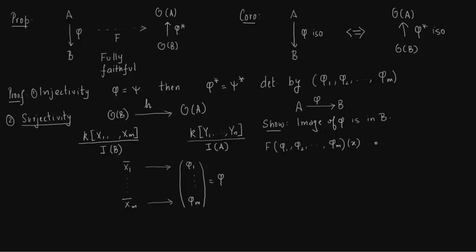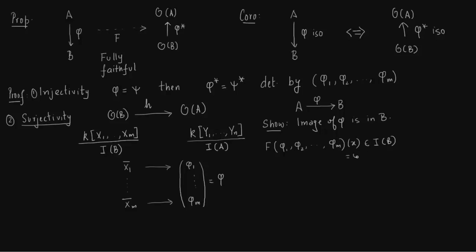So basically we will have to show this. Say a polynomial f(x1, x2, all the way to xm) lies in the ideal of B. Now you take that polynomial and evaluate it at phi 1, phi 2, phi 3, phi m, at a point x.